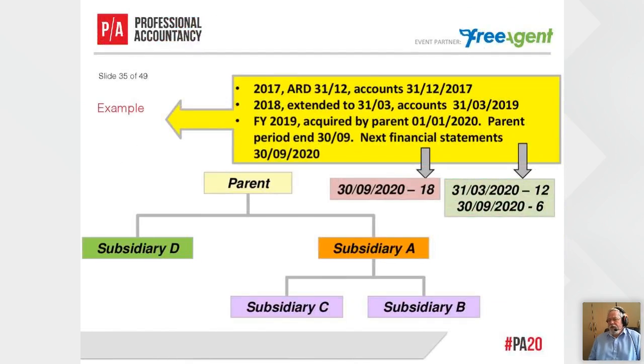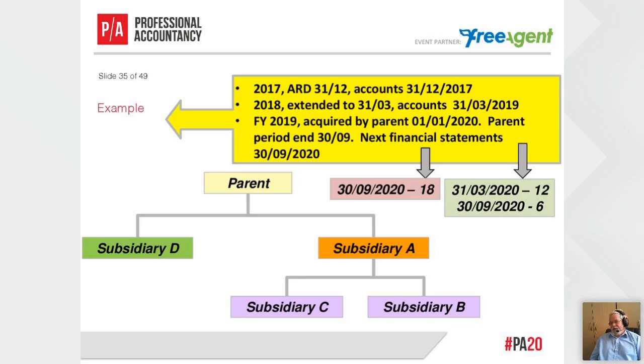Now, the easiest way of looking at this and its potential impact is to consider the same example that we've had so far. So let's say, as far as subsidiary A is concerned, in 2017, it had an accounting reference date of the 31st of December and made up its accounts to the 31st of December 2017.